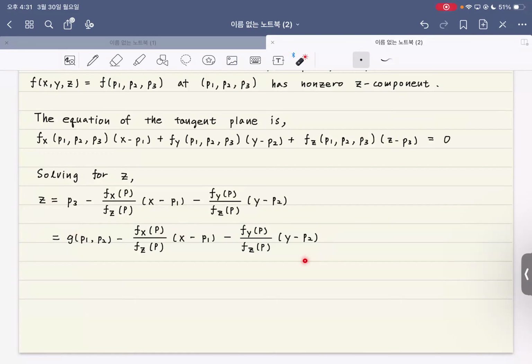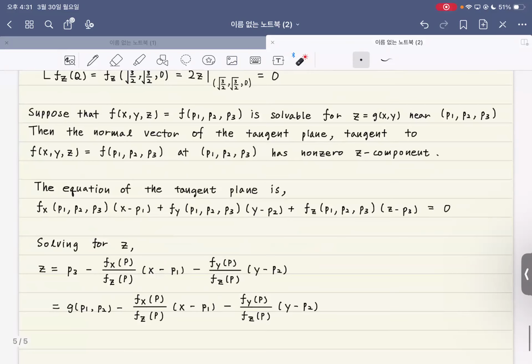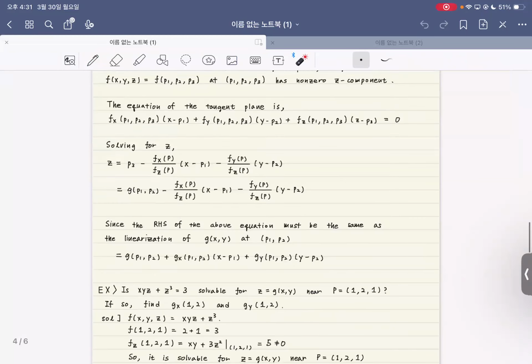And do you remember that I can get exactly the same result by using the linearization of the two variable function? This level set, at least locally, can be understood as the graph of this two variable function z equals g(x, y). So if I linearize this function at p1, p2, then this linearization would be the same as this one.